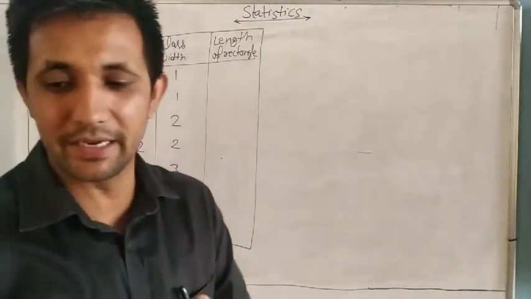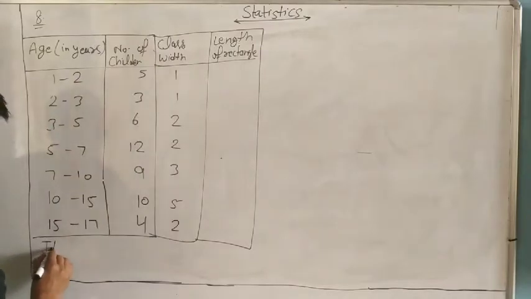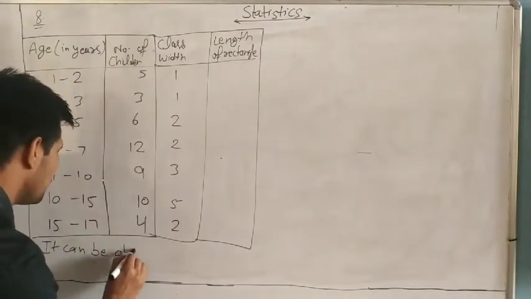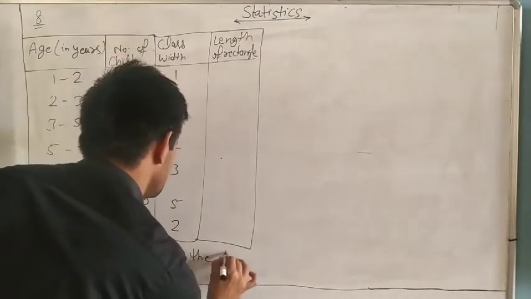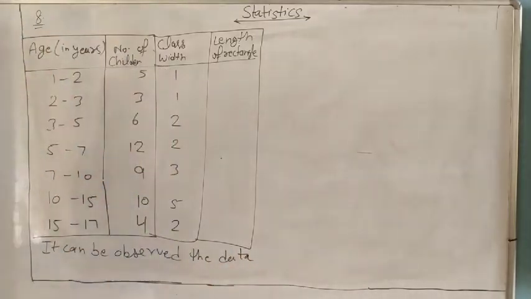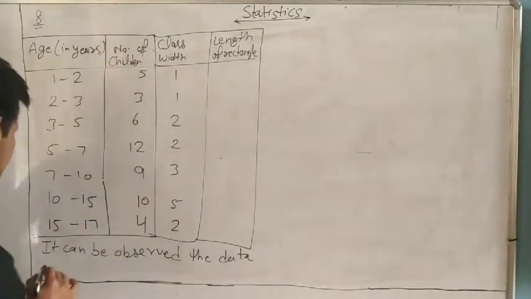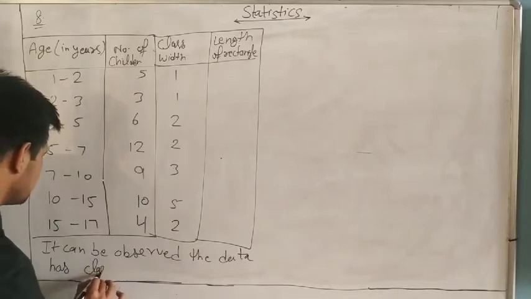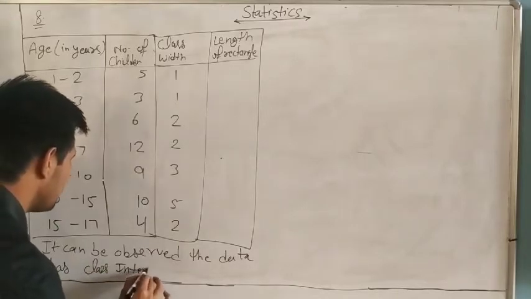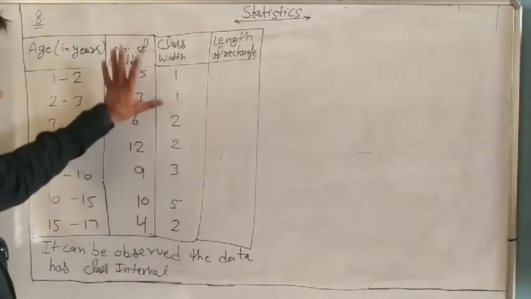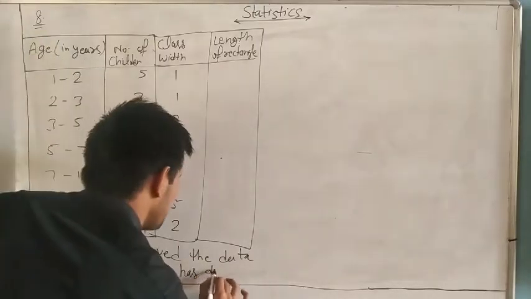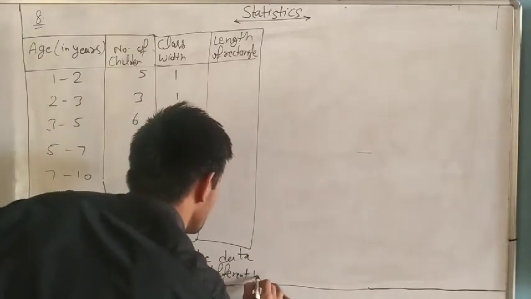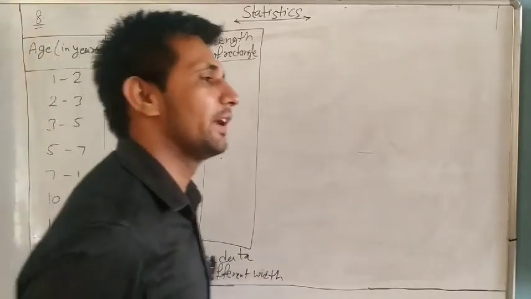So before this we will write: it can be observed that the data has class intervals of different width. What is different width?